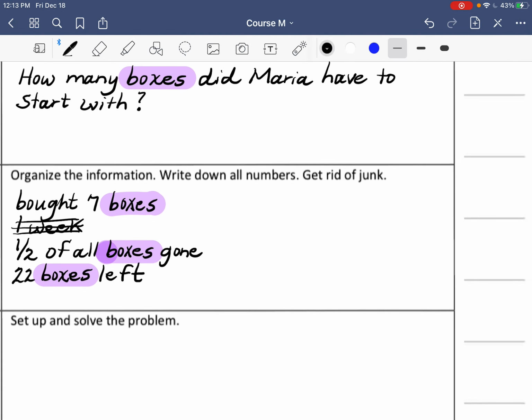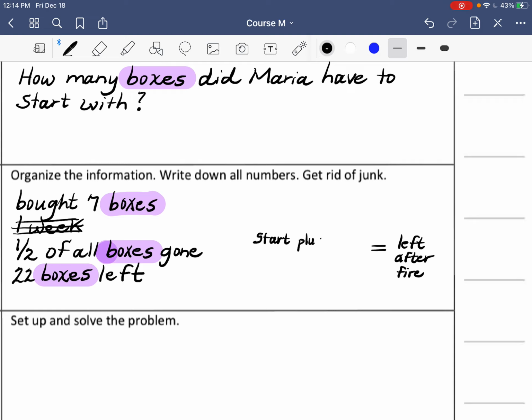So I'm going to organize this problem in my mind just in words. Here's what I know. I know that she has some boxes left. That there was a fire and she has some boxes left. I know that she had some boxes to start with.